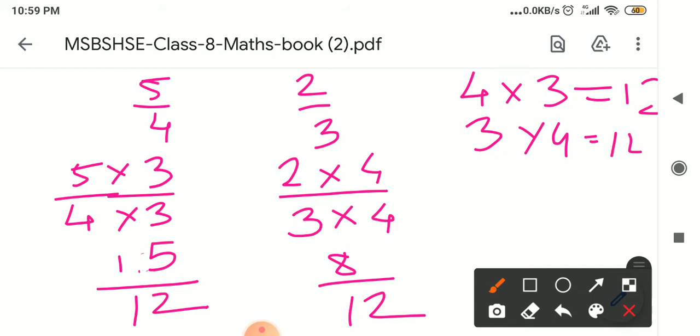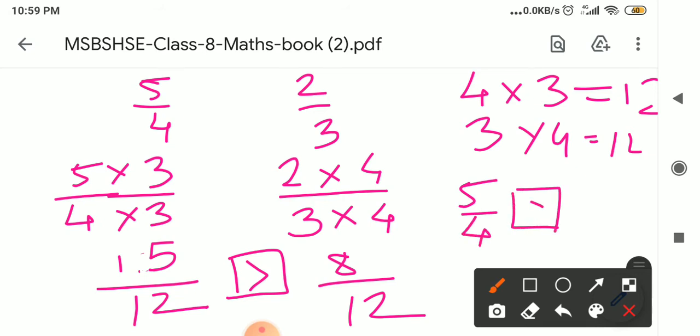Now if you see here, you will notice that the denominators are the same, both numbers are positive, and 15 is greater than 8, meaning 15 upon 12 is greater than 8 upon 12. And 15 upon 12 is the value of 5 upon 4. That's why 5 upon 4 is greater than 2 upon 3. Understood?